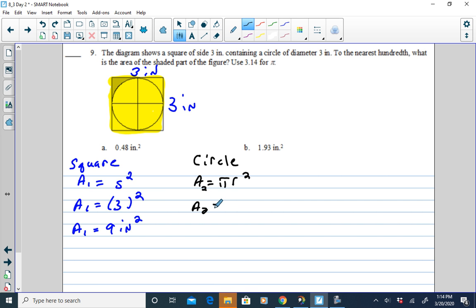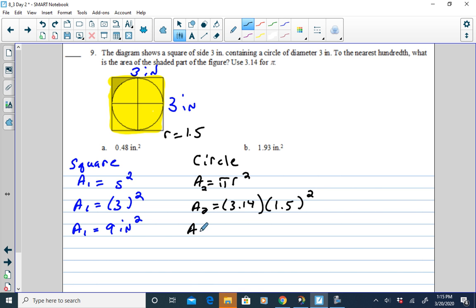So area 2 is going to be equal to 3.14 times the radius. Well, the radius is going to be half of this diameter. The diameter is 3, so our radius is going to be 1.5. But don't forget to square it. So with our calculators, you want to do 1.5 times 1.5.